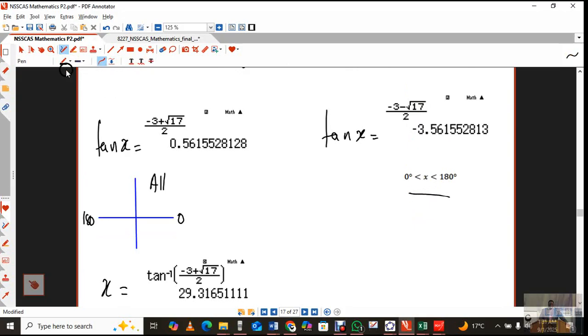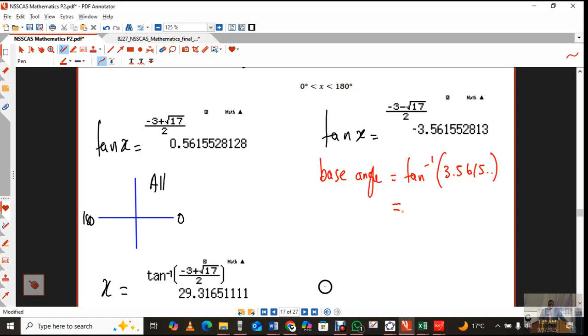Let's just move this over. Excuse me. When we are looking at the base angle here, our base angle will be the inverse tangent of, without the negative, right? Just 3.56155 and so on. And let's see what that angle is.